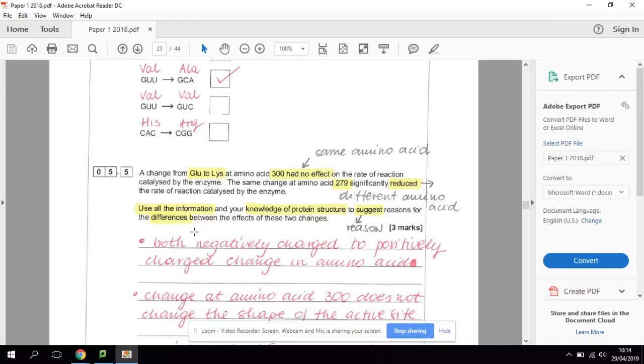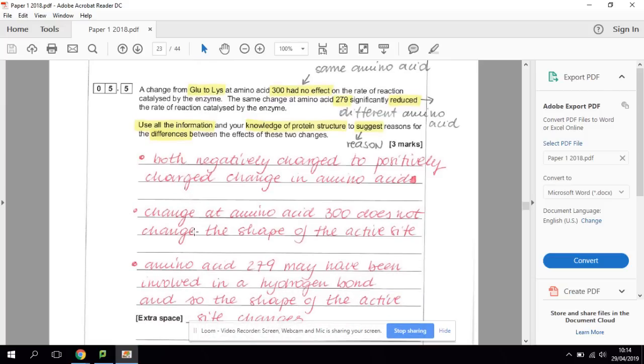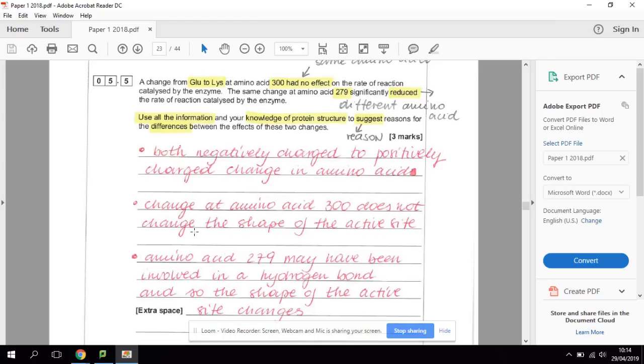So again, we're using the information, looking at the key from the table, charges, and then the information about the numbers here and the structure of the protein. So both negatively charged to positively charged change in amino acid. That's from the charges.